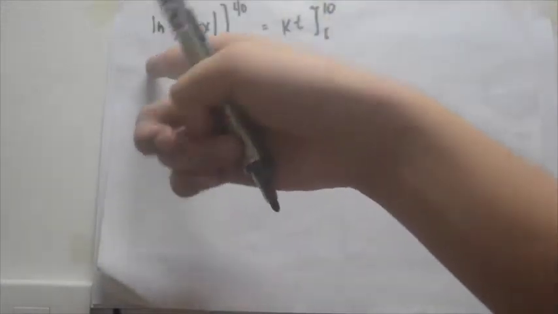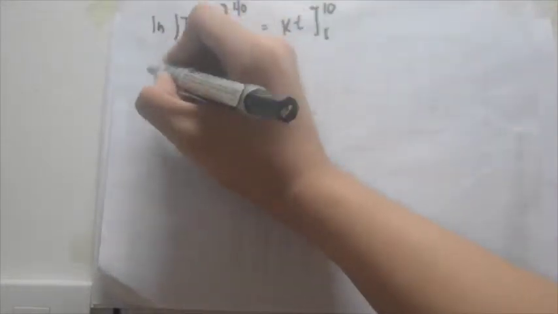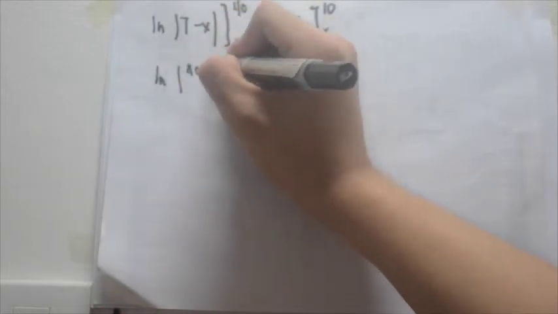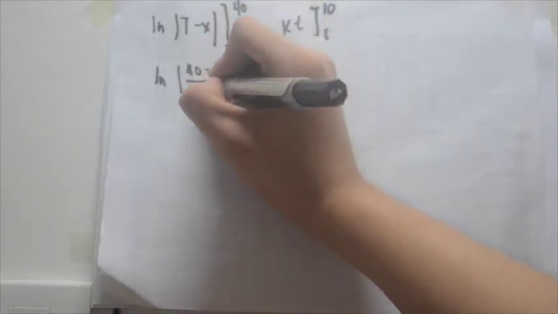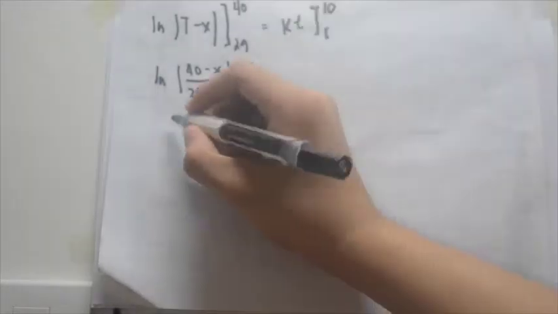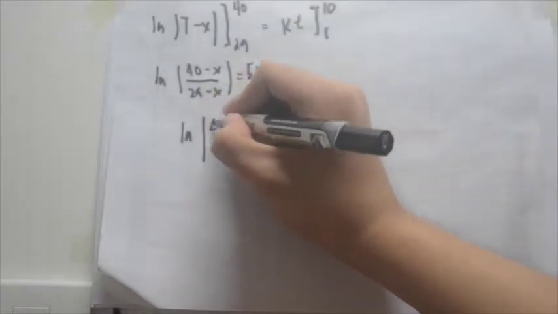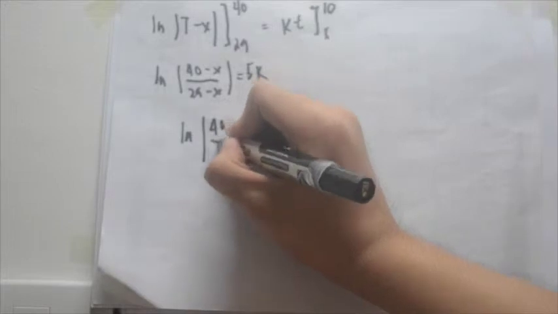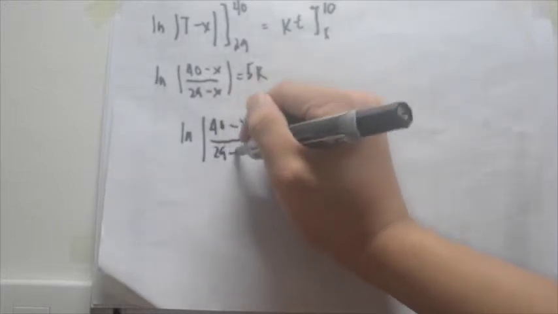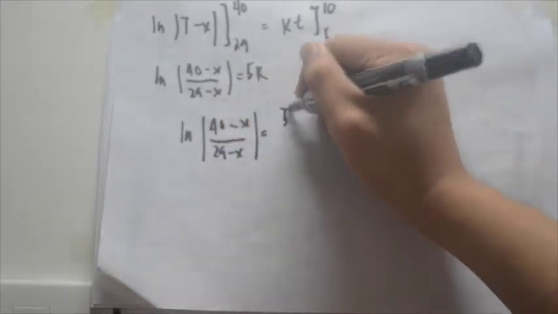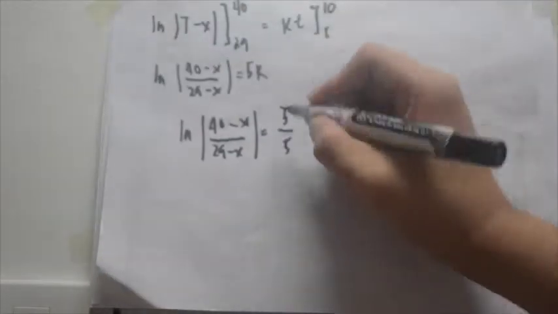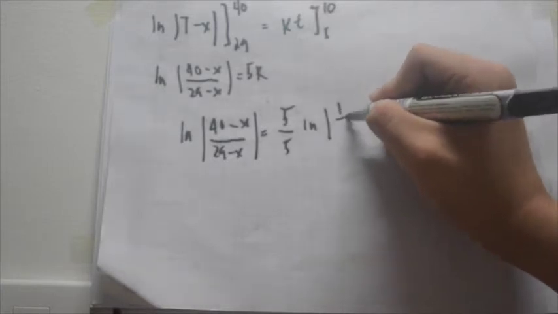So putting it all in there, ln of 40 minus x over 29 minus x is equal to 5k. ln of 40 minus x over 29 minus x is equal to 5 over 5 ln of 1/4.